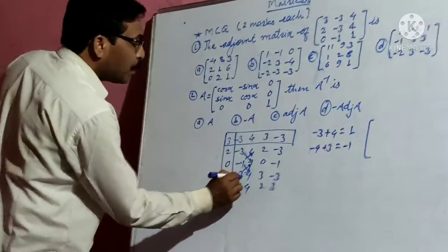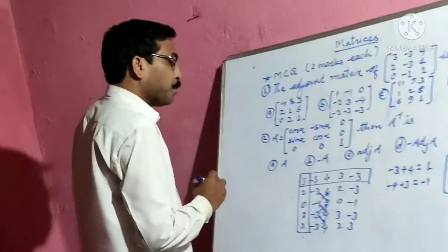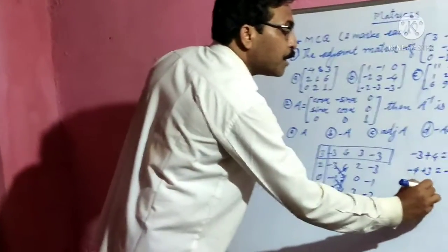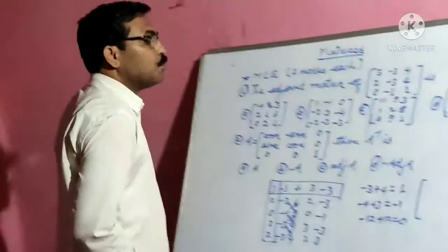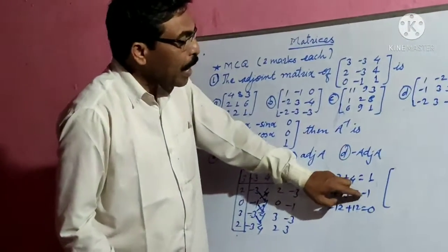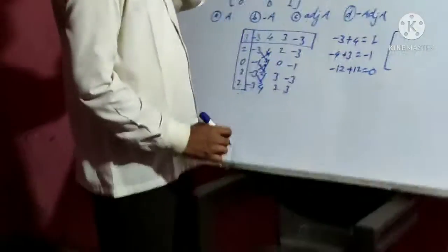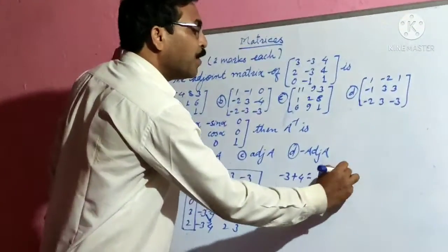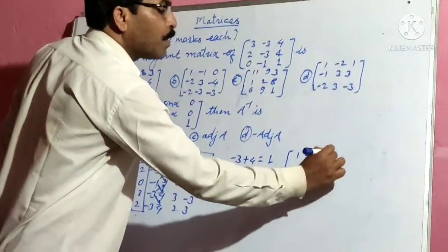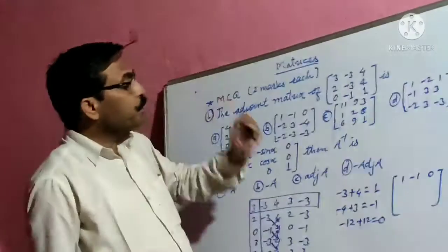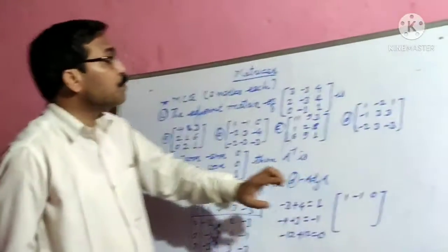Again -3 into 4 is -12, -3 into 4 is -12, and -12 plus 12 is equal to 0. Now this 1 -1 0 will be the first row of the adjoint matrix.